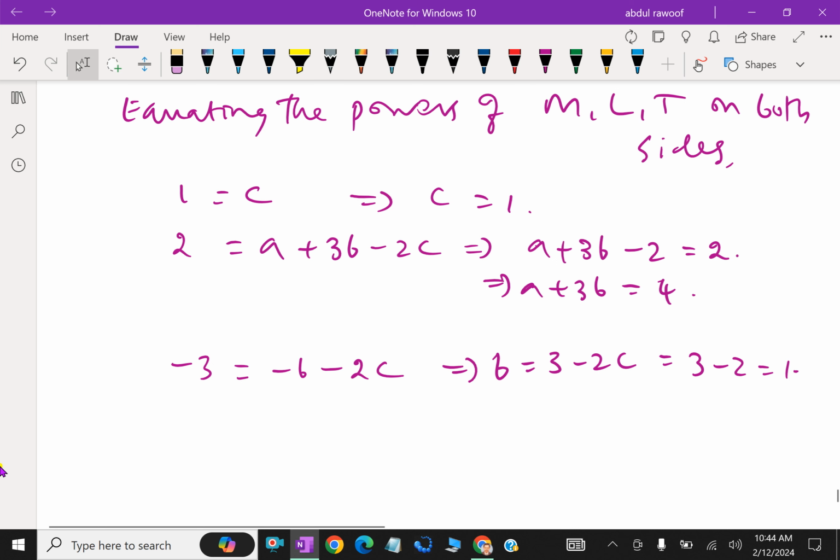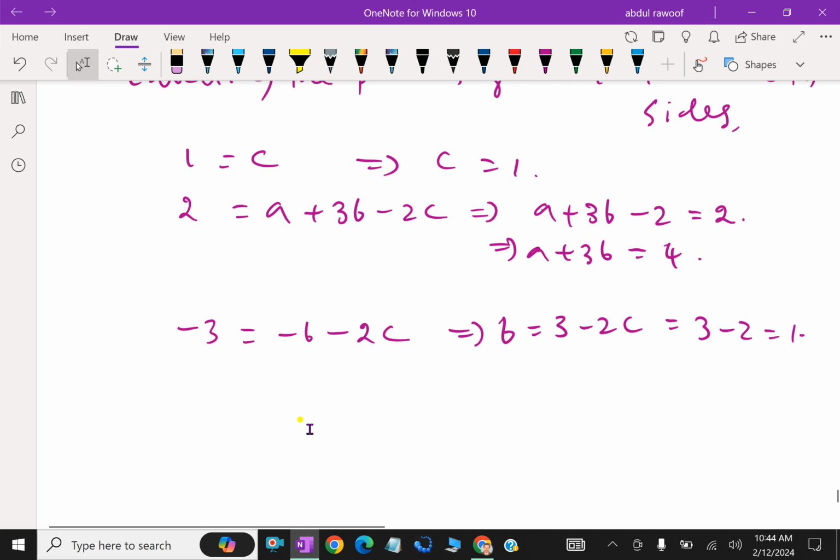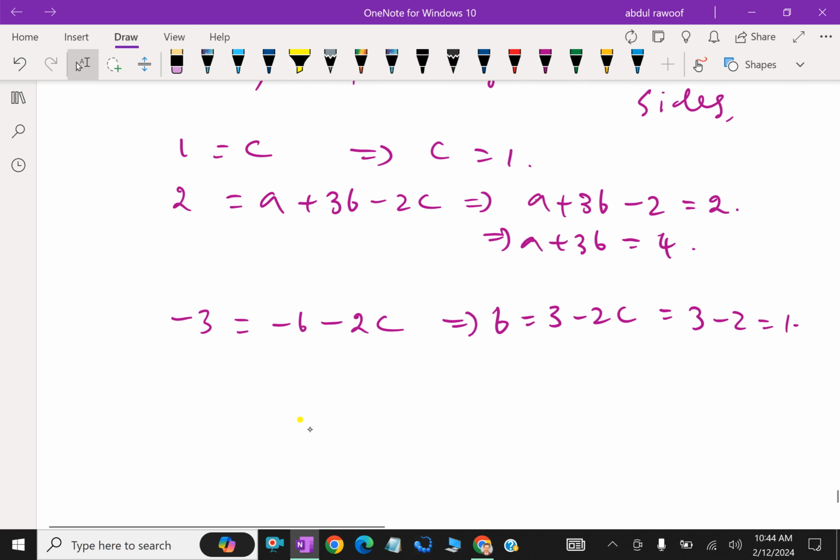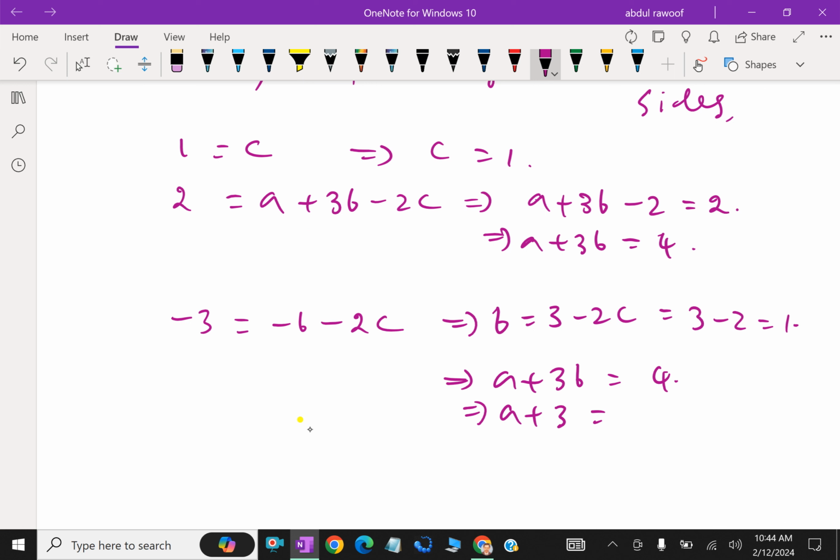Therefore, b equal to 1. Then we have a plus 3b equal to 4, that is 3 into 1 is 3, so a equal to 1.